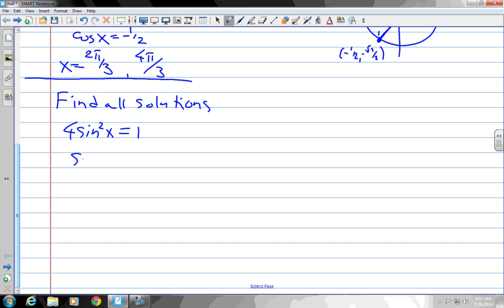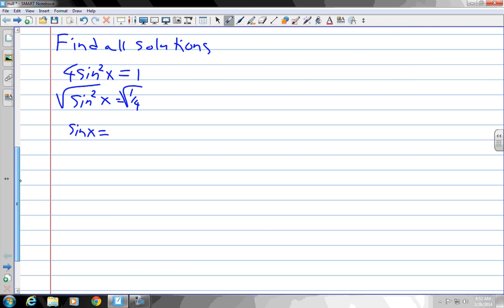Okay, divide by 4. So you have sine squared x equals 1/4. Take the square root. What is sine x equal to? One half. What else? What do you need to remember when you take the square root of both sides? Plus or minus. Don't forget that, because you lose half of the solutions.